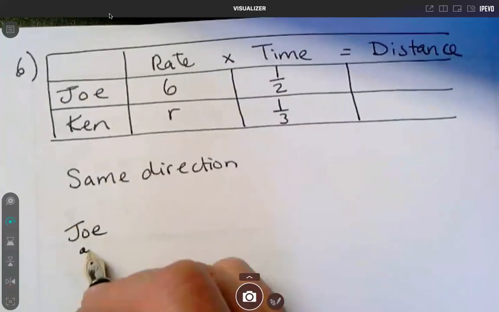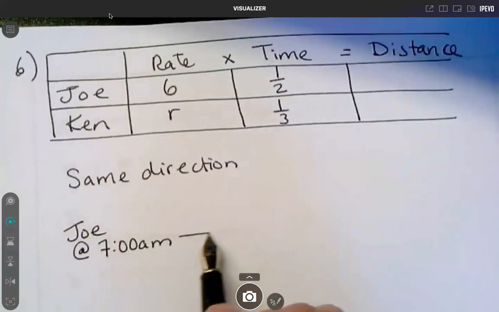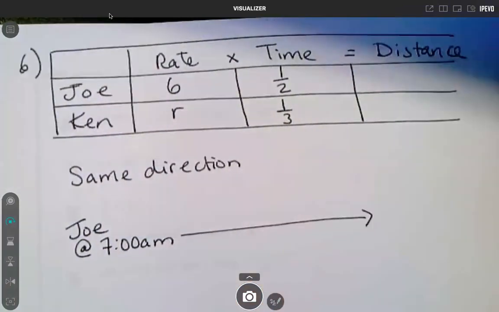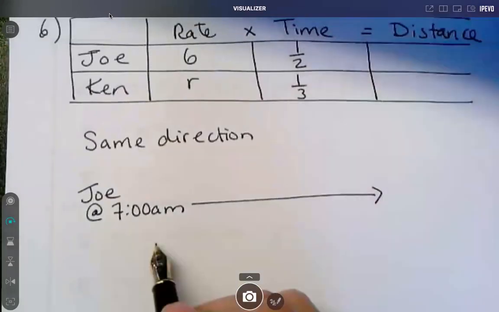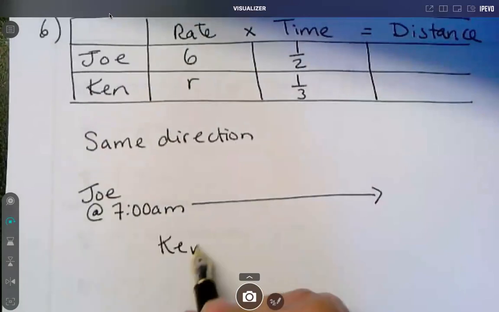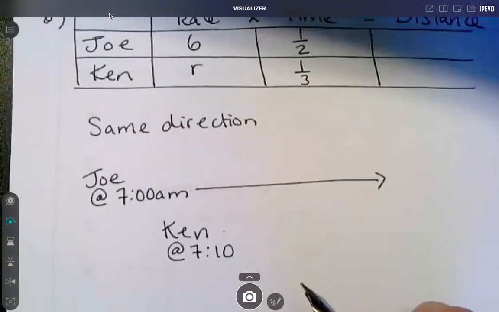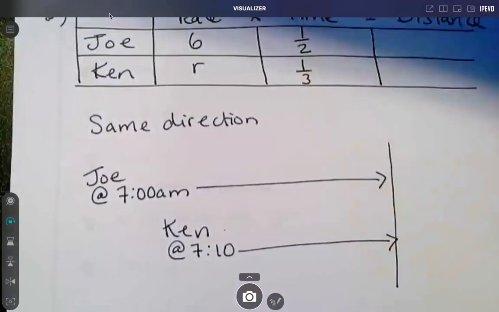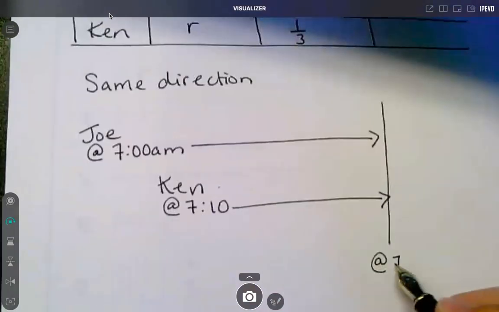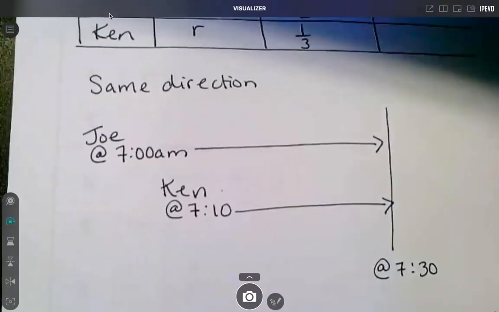Joe at 7 a.m. starts running. And then Ken at 7:10, he starts, right? And at this time, this is at 7:30, they're going to be at the same point, and then Ken's going to overtake him.